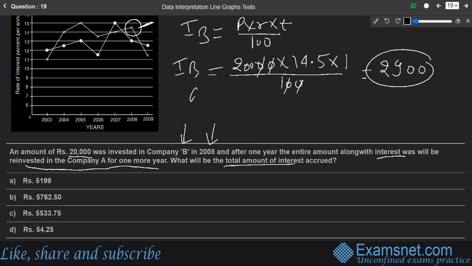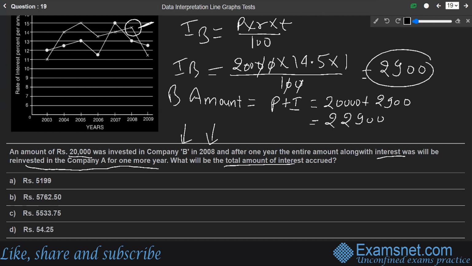Then what is the total amount? Now what is the total amount after investing in B? It will be nothing but principal plus interest. Principal value was 20,000, so it is 20,000 plus 2,900, which is 22,900. That is the total amount that has been collected.